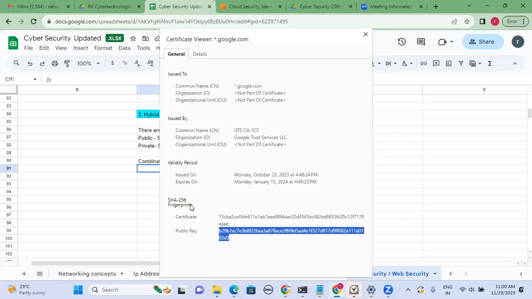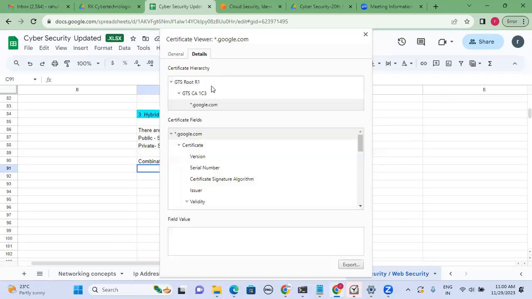SHA-256, this is the hashing algorithm, and these are the details of the certificate. It's a root certificate and google.com is the website, the version number of the certificate is 3, then the serial number of the certificate, and the certificate signature algorithm is SHA-256 with RSA. So which hashing algorithm is it using? SHA-256. This hashing algorithm provides integrity. And RSA is encryption, Rivest, Shamir, and Adleman.